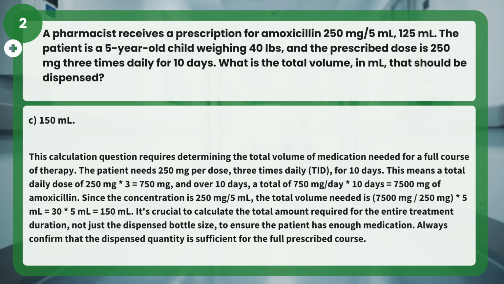This means a total daily dose of 250 mg times 3 is equal to 750 mg, and over 10 days, a total of 750 mg per day times 10 days equals 7,500 mg of amoxicillin. Since the concentration is 250 mg per 5 ml, the total volume needed is 7,500 mg divided by 250 mg, times 5 ml, equals 30 times 5 ml equals 150 ml.